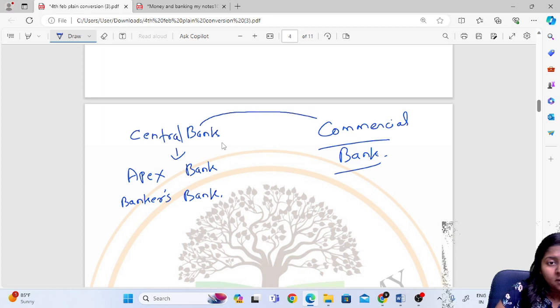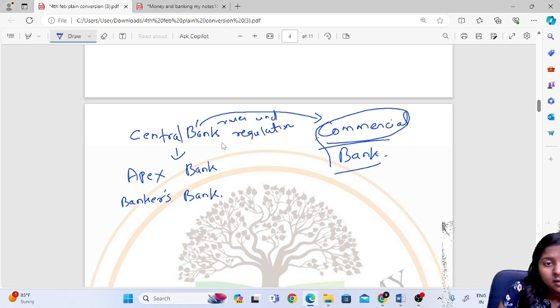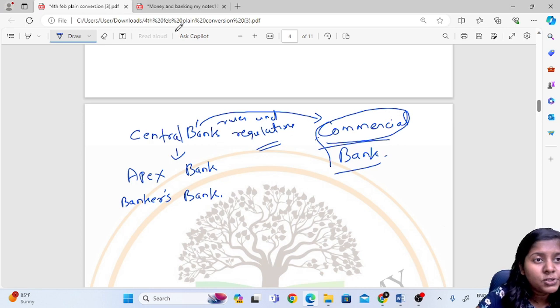Whatever rules and regulations are set up by the central bank have to be followed by the commercial bank.